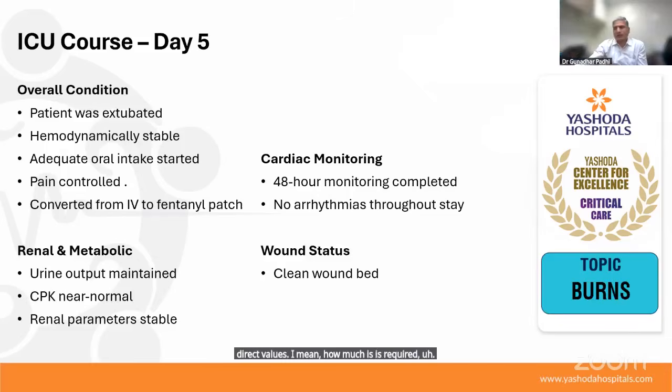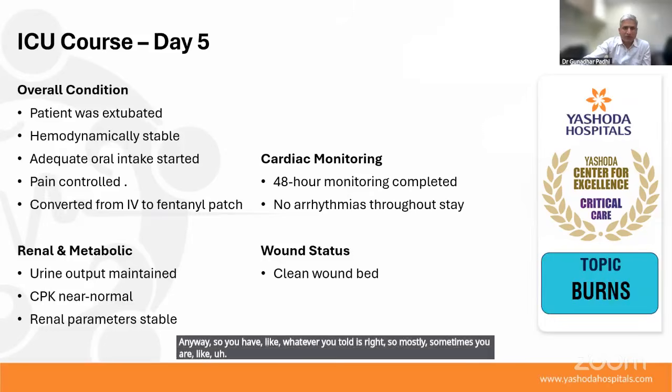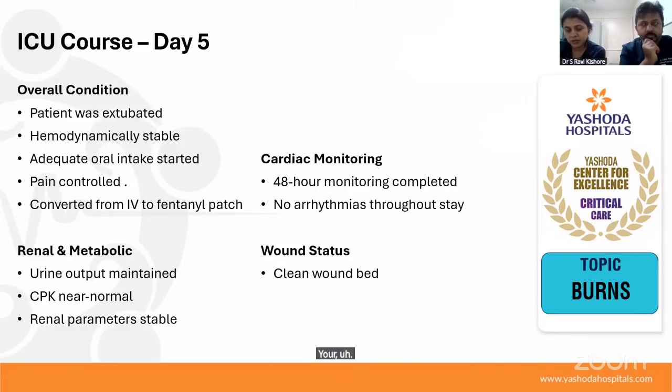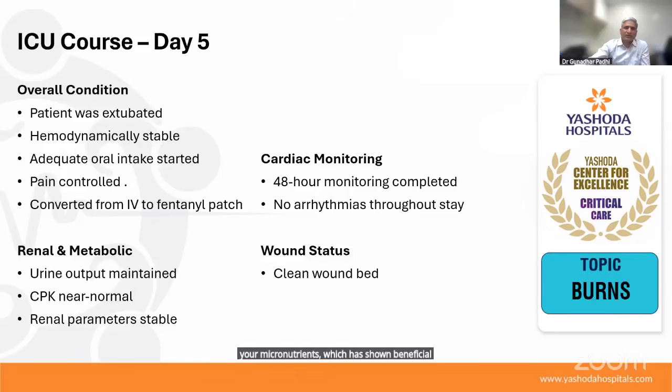Anyway, whatever you told is right. Sometimes the caloric and protein goals depend on your need, and the need is sometimes more compared to the general patient population. That is the reason. And what are the other supplements or micronutrients which have shown benefit, particularly in the burn patient?